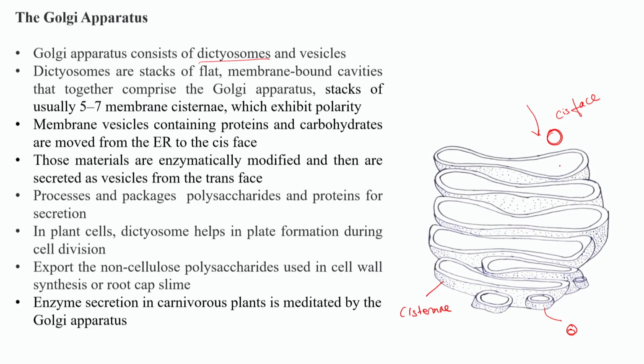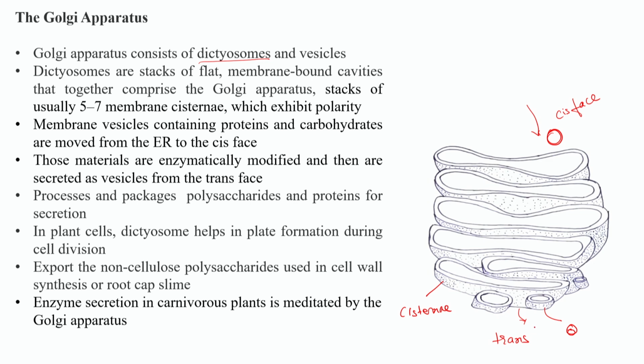These vesicles enter into the Golgi bodies and are further modified. Some carbohydrate groups are added, and proteins are modified. Many modifications and packaging occur in this Golgi complex, and then finally they are secreted out from the other end, and this end is known as the trans face.